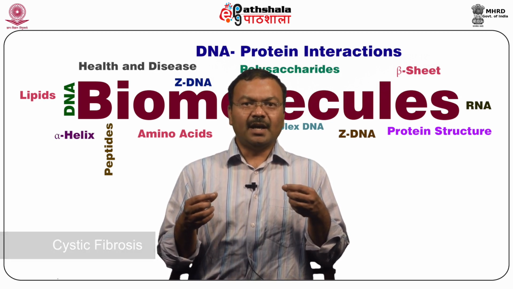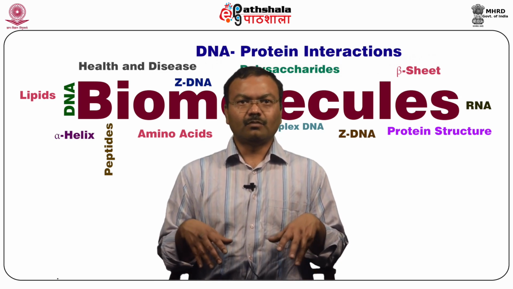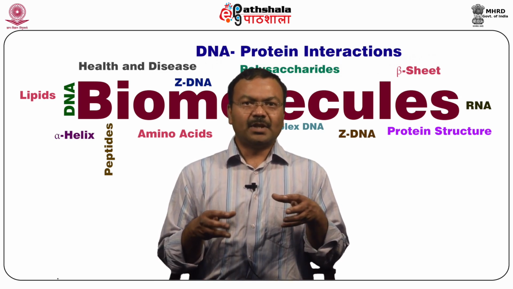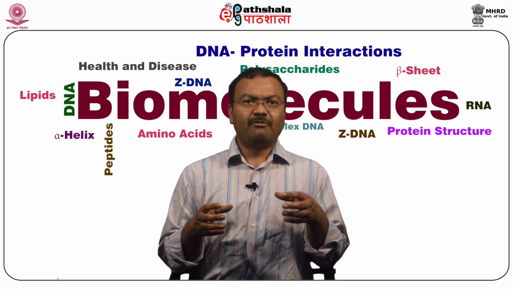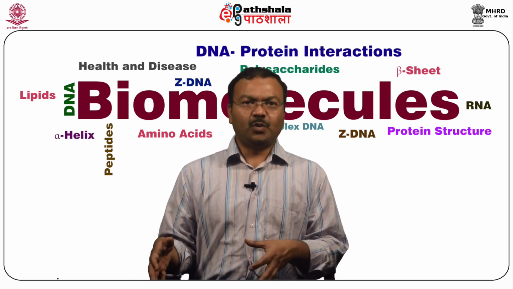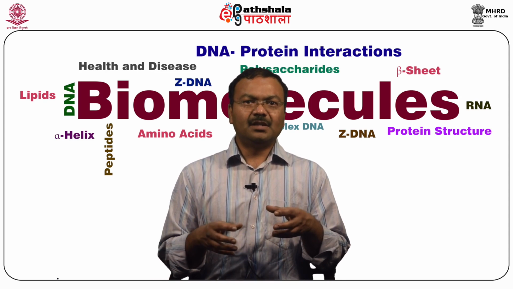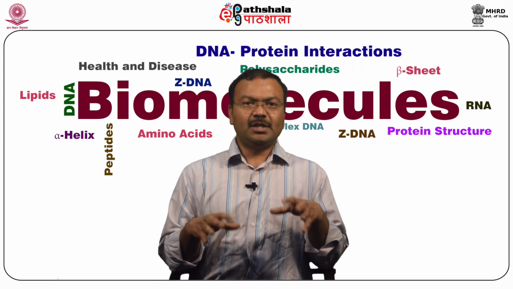Cystic fibrosis is inherited in an autosomal recessive manner. It's caused by the presence of mutations in both copies of the genes for the cystic fibrosis transmembrane conductance regulator protein. People with a single working copy are carriers, otherwise mostly normal.